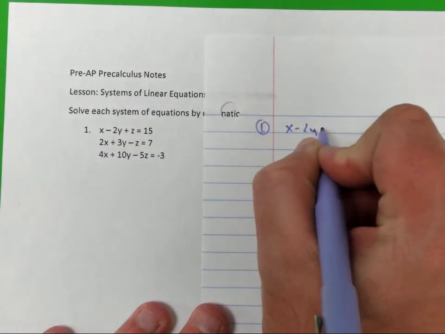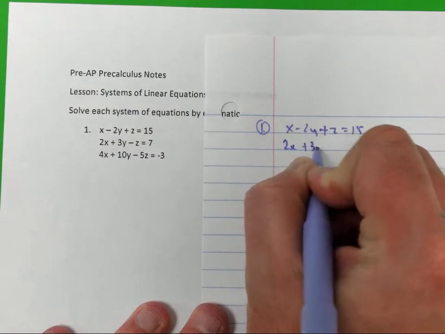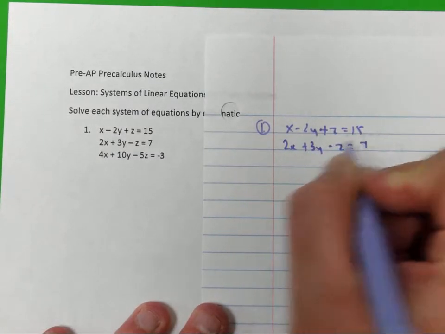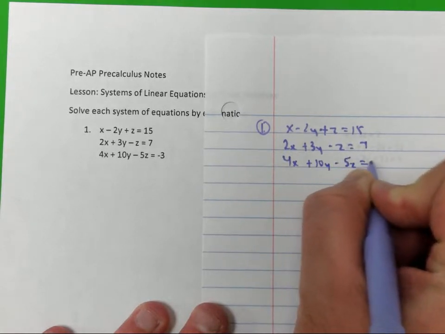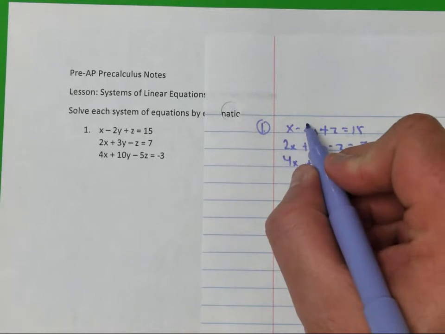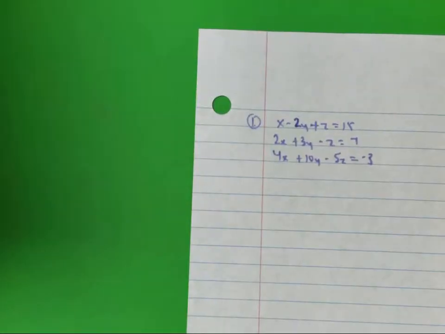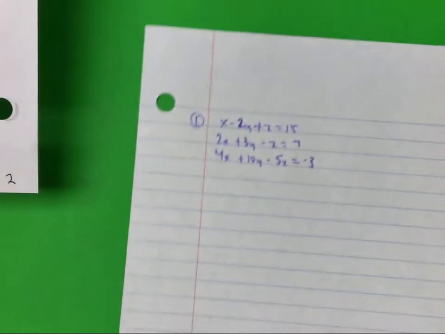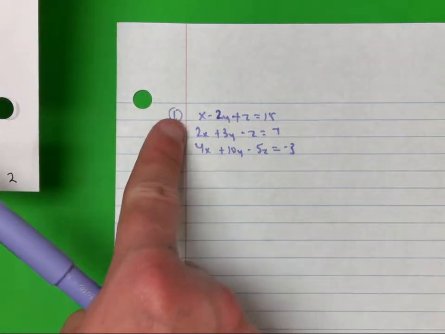X minus 2y plus z equals 15. 2x plus 3y minus z equals 7. 4x plus 10y minus 5z equals negative 3. Okay? Alright. So what you do first is look at the first 2 equations. First and second.